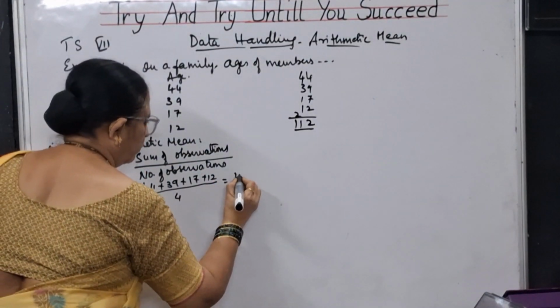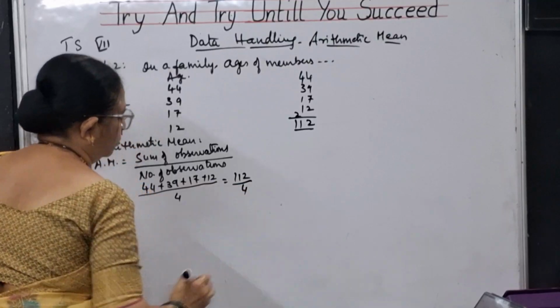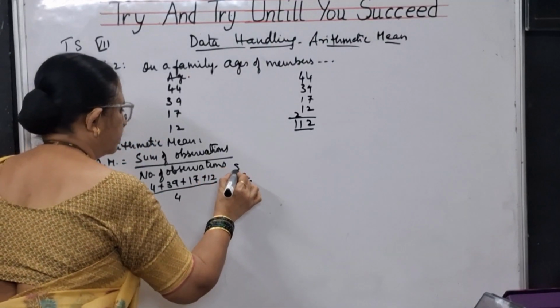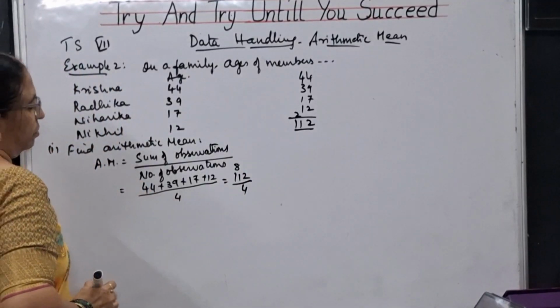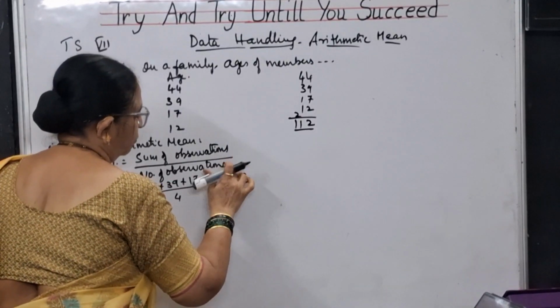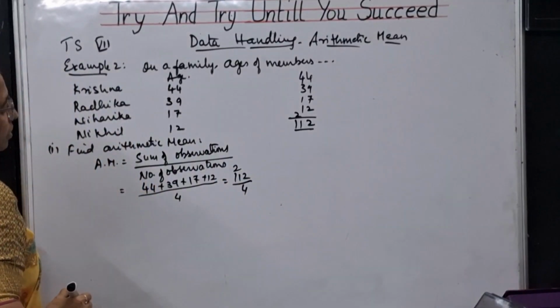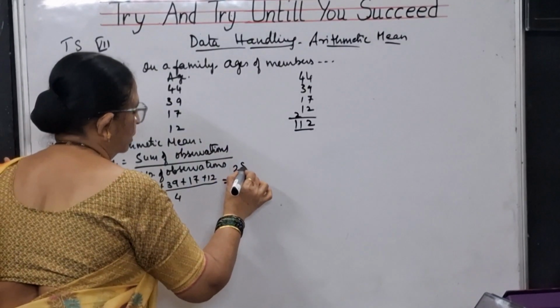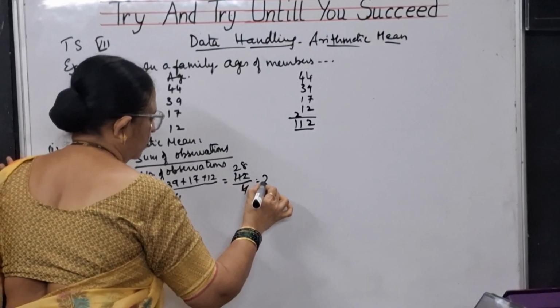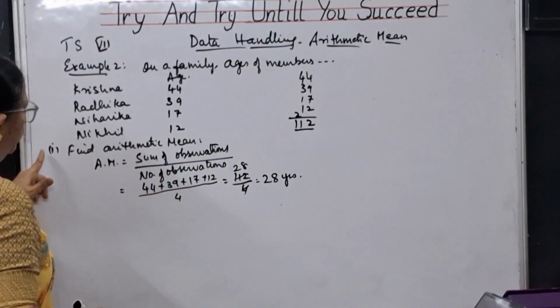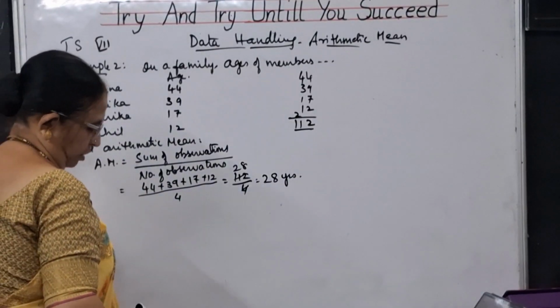So this is 112 by 4. 4 twos are 8, and then 4 eights are 32. So 28 years is the first bit, the arithmetic mean.